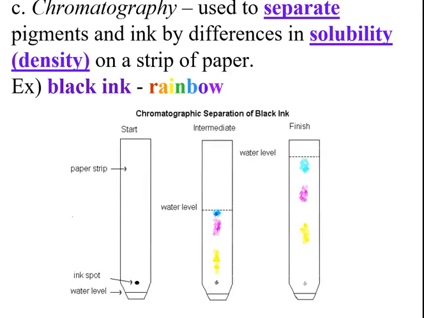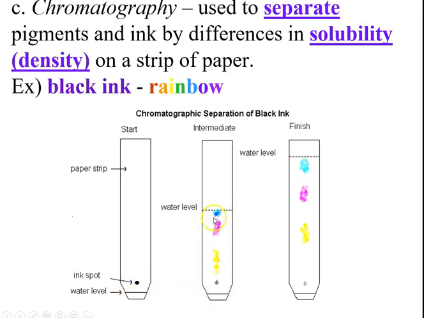Another one is chromatography. Chromatography is where you have several different dyes or pigments typically, but you can use this in different applications. There's gas chromatography and so forth as well. But the one I'm illustrating here is you have several pigments dissolved in an ink of some sort. As your water or solvent travels up a piece of paper, some of the inks are more attracted to the solvent than others.